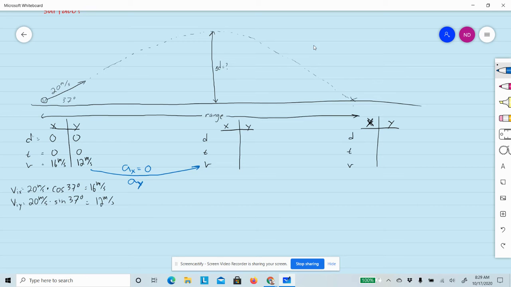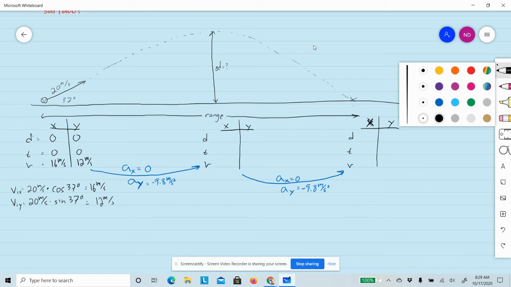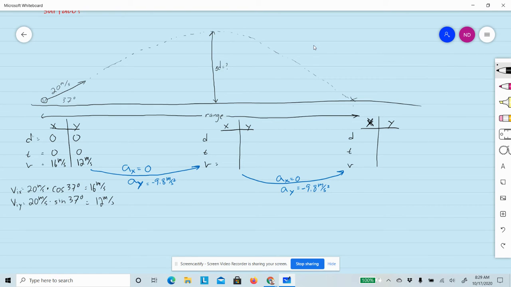So the Y acceleration is negative 9.8 meters per second squared. There will be no acceleration in the X direction, but it will accelerate in the Y direction at negative 9.8 meters per second per second. That tells me that at least in the X direction, the speed doesn't change.